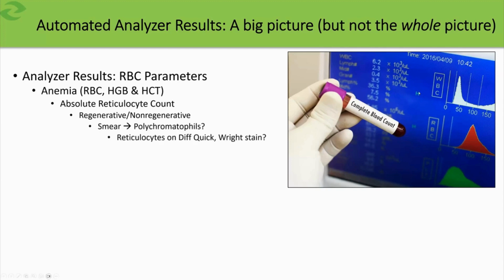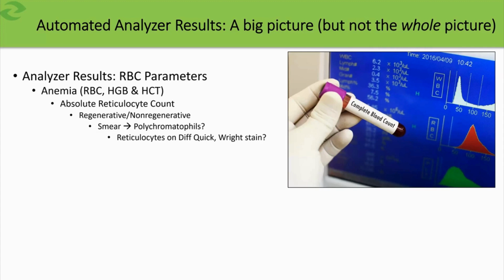So reticulocytes on a Diff-Quik or Wright-stained smear are actually called polychromatophils. To truly identify a reticulocyte on a blood smear or blood film requires new methylene blue stain, and that stain's problematic, so it's not typically used in a clinic situation, but can be used in a reference laboratory.